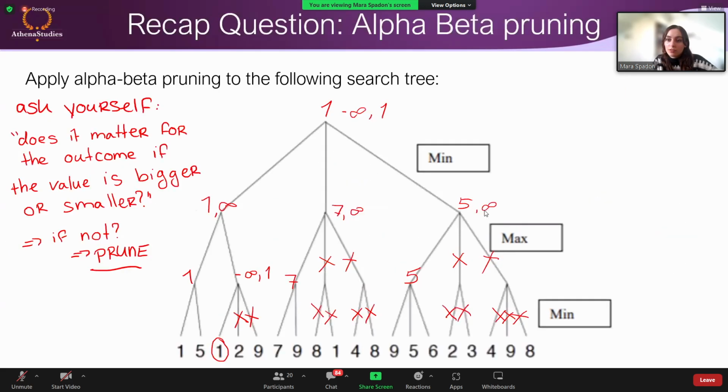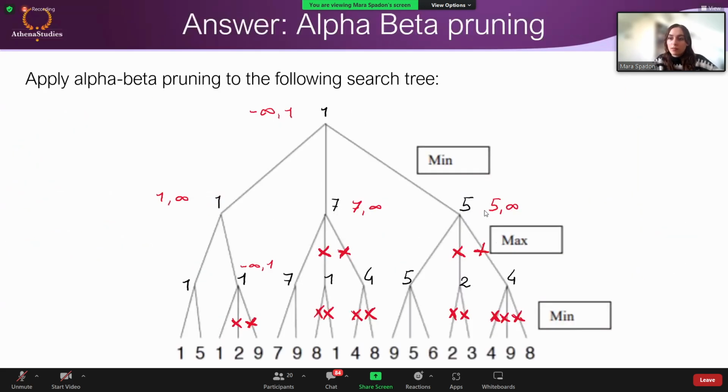How many questions are there on the exam in total? Let me check, I think... Let me take a look for you.